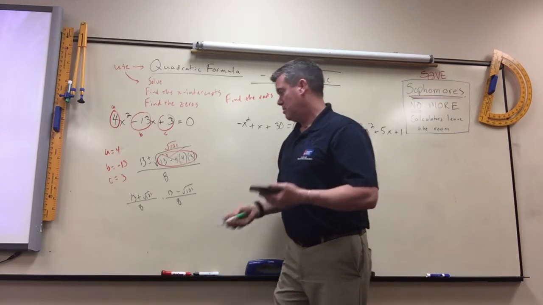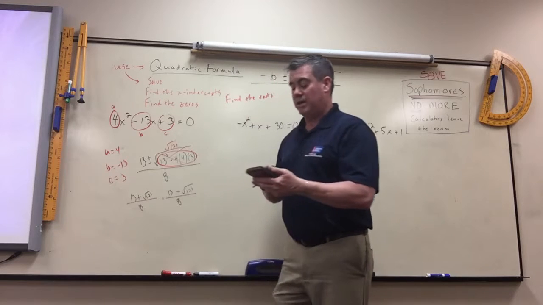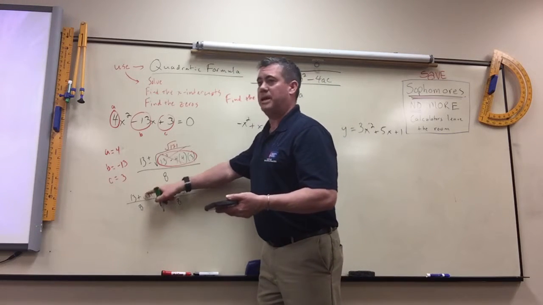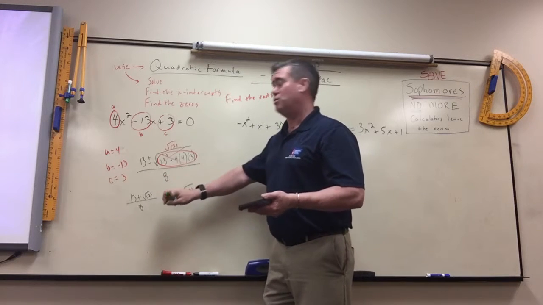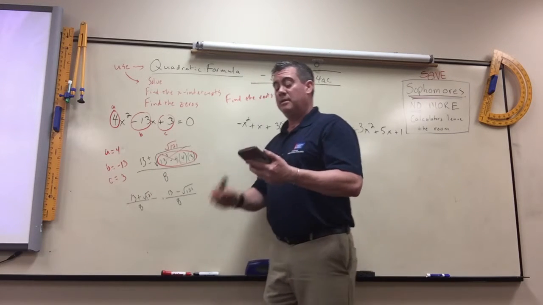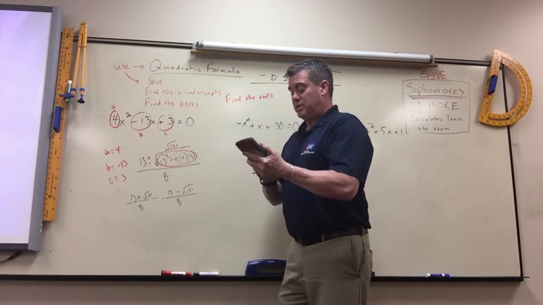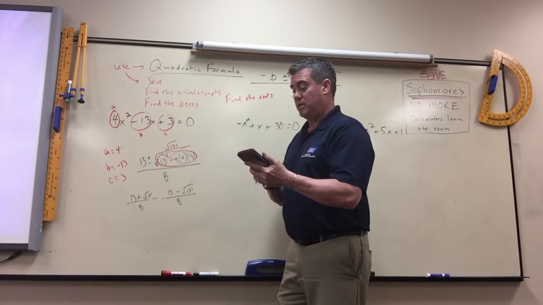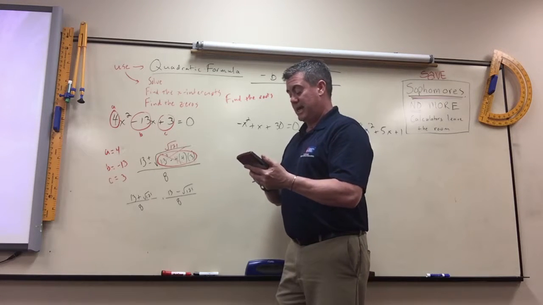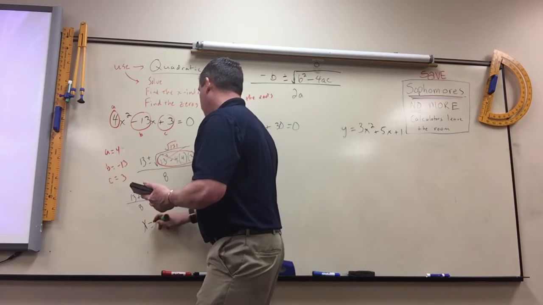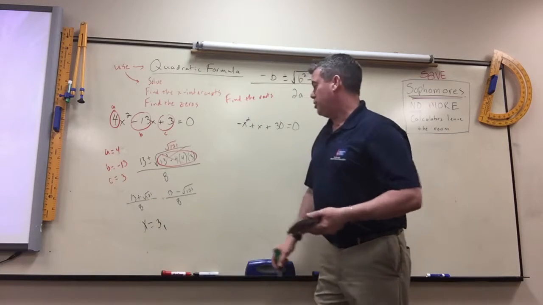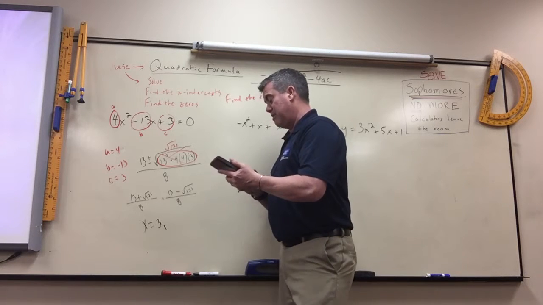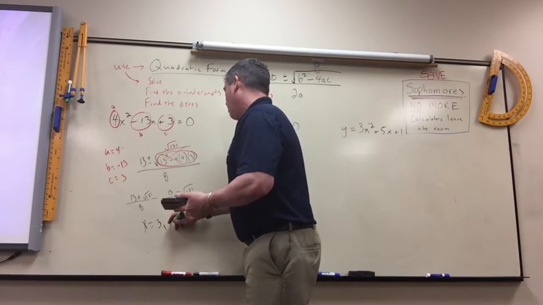When you do this, remember when you go 13 plus that, you have to press equals. If you don't press equals, it's just going to divide these by 8, because order of operations says to multiply and divide before adding. So 13 plus square root of 121, press equals, divided by 8 is 3. And then 13 minus the square root of 121 is 2, divided by 8 is 1/4 or 0.25.